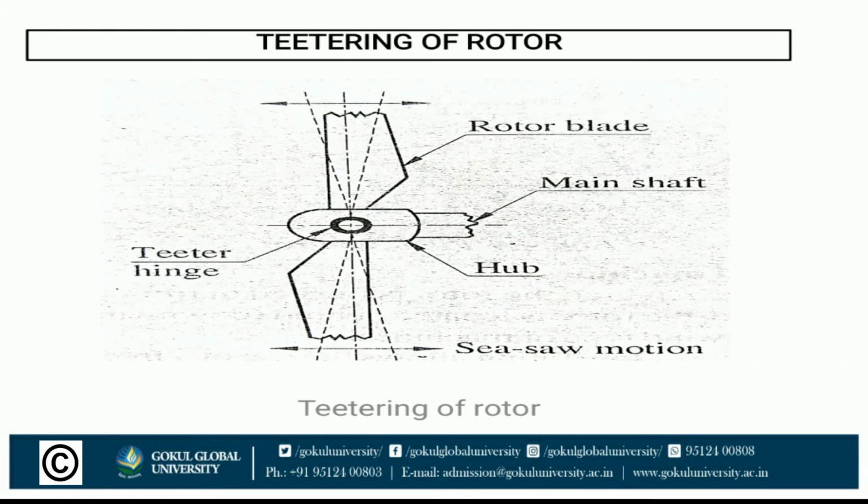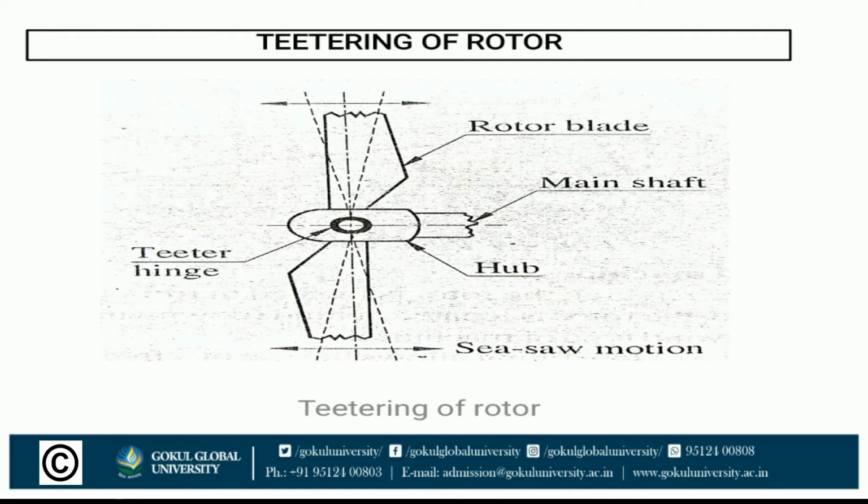It is a diagram of the teetering of rotor. We know that wind speed increases with height. When the blade attains the upper position, the axial force on the blade is considerably more than when it is at a lower position. For a one or two blade rotor, this causes cyclic, meaning sinusoidal, load on a rigid hub leading to fatigue.